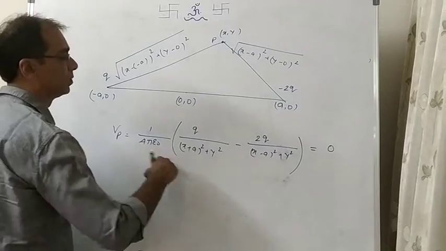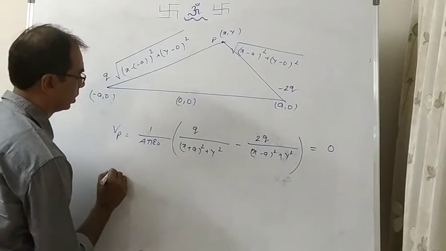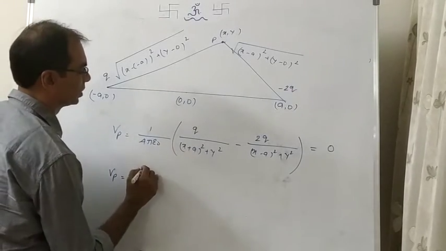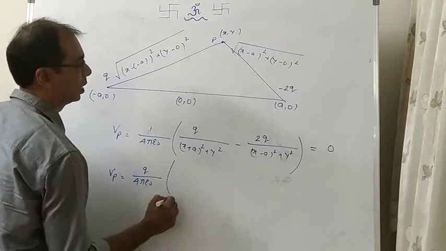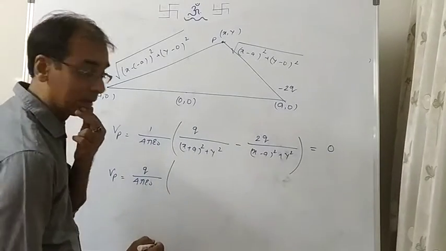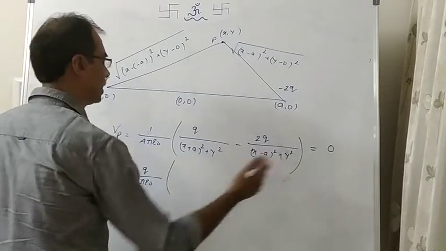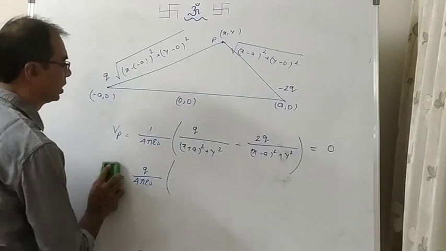We know that this 1 by 4 pi epsilon naught will go over there. Q also we can take common, so let's take q by 4 pi epsilon naught common first. Before taking LCM, we'll take one term to the other side, since anyhow we are saying that potential there is 0.